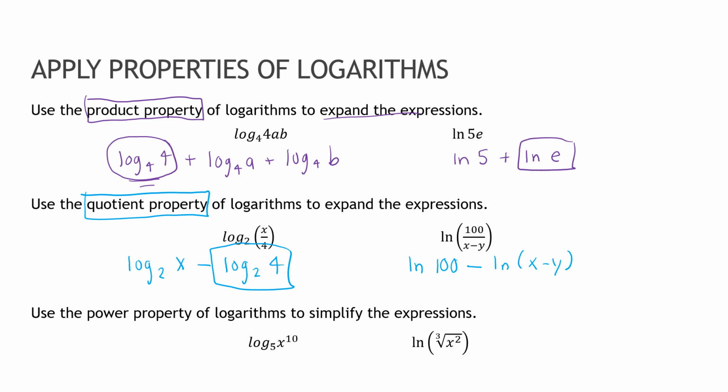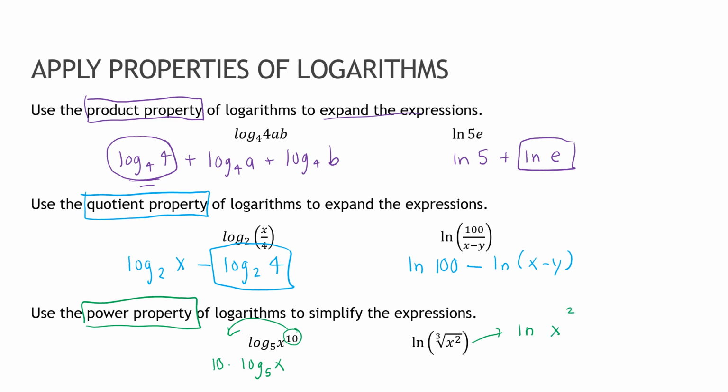Last one, we're using the power property, and remember the power property just says take your exponent, pop it out front. So we have 10 times log base 5 of x. Or we have this one, which is a little trickier. This is the natural log of x squared and then the third root.